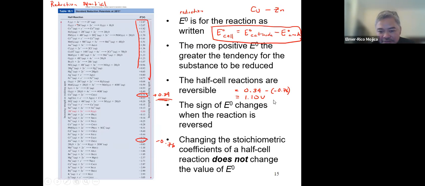Because another way that they look at this is this one. Instead of cathode and anode, they put the one that is reduced and the one that is oxidized. Not minus, it's a plus.